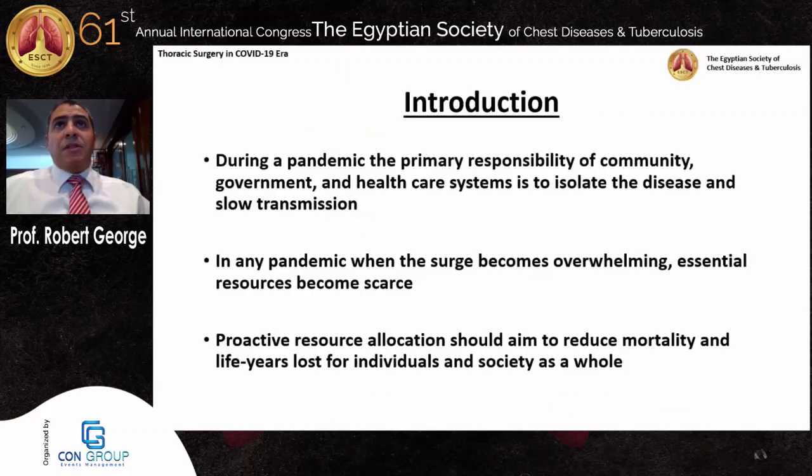In any pandemic, the primary responsibility of community, government, and healthcare systems is to isolate the disease and to slow transmission. However, when the surge becomes overwhelming, essential resources become scarce and rare, and therefore we need to proactively relocate the resources to aim to reduce mortality and the number of cases and the life years lost for individuals and society as a whole.